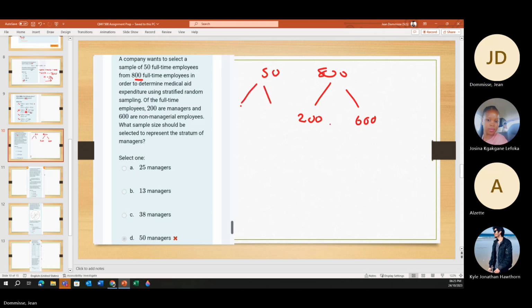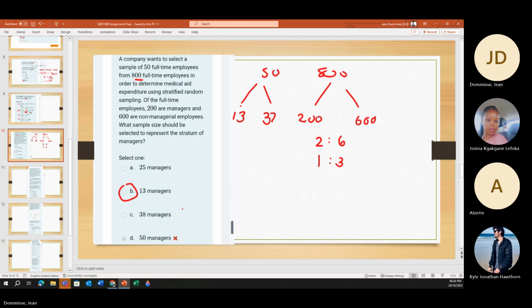Okay, so it's 2 to 6, 1 to 3. So we will need to do the same with a sample. So it would be 50 divided by 4, which is 12.5. So 13 of the one, and then what is it? 37 of the other one.